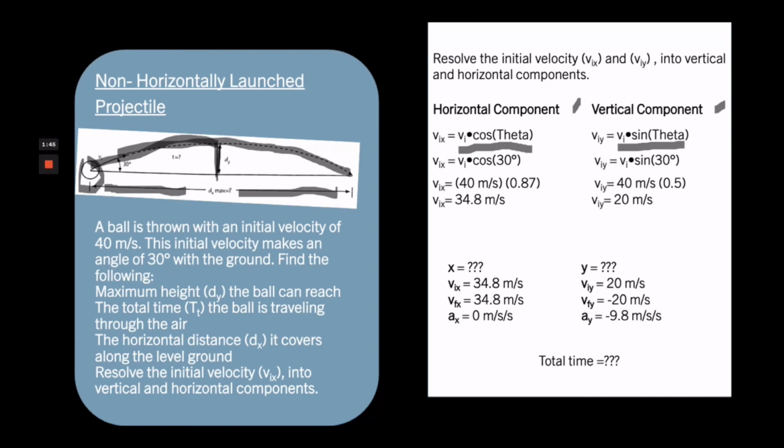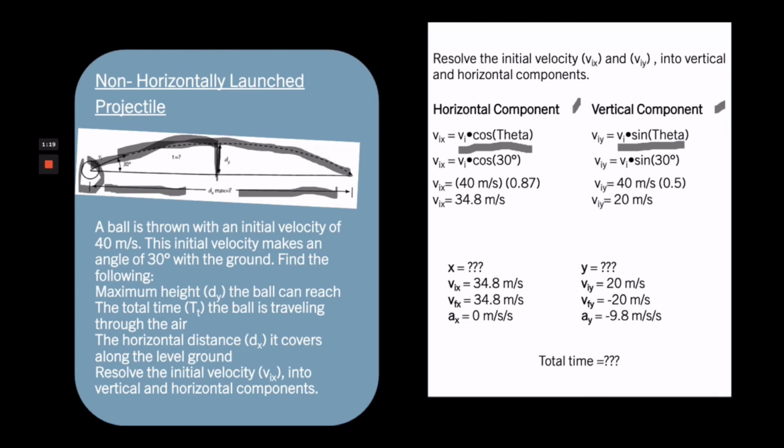For finding the value for the initial velocity for x, we have initial velocity times cosine theta, or the angle of release. And then we also have how to find the initial velocity for the y component. We have the initial velocity times sine theta, or the angle of release.